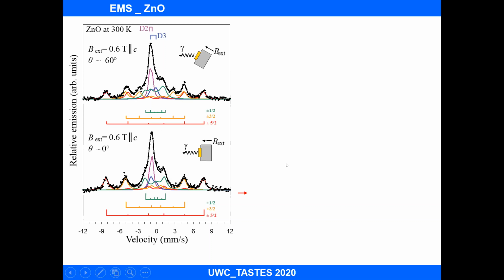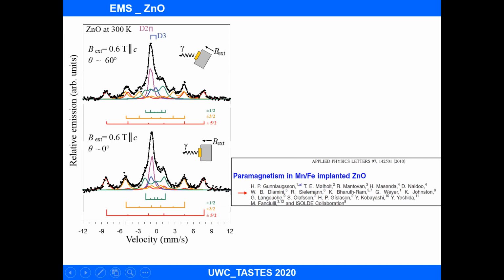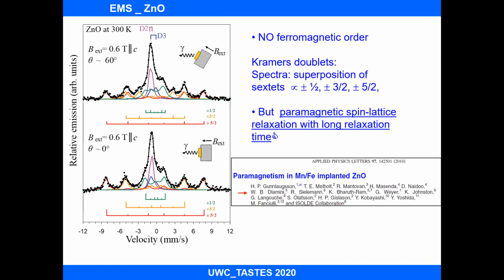We're able to analyze this in terms of Kramers doublets, which lead to spectra displaying a superposition of sextets due to the plus and minus m equals 1/2 state, the plus and minus 3/2 state, and the plus and minus 5/2 states. This would be for the ion being in a 5/2 state.